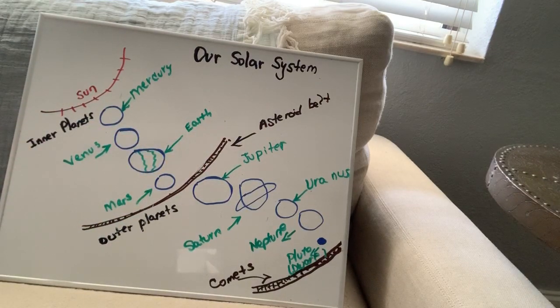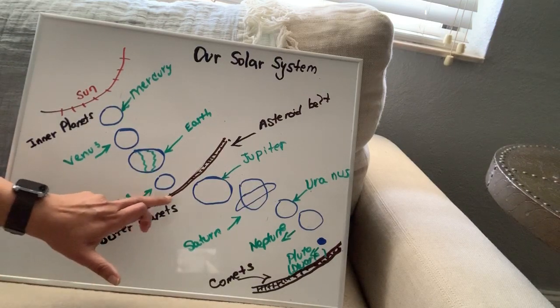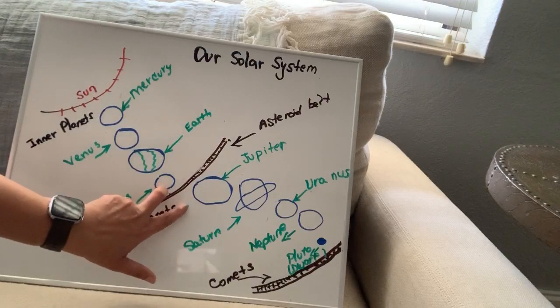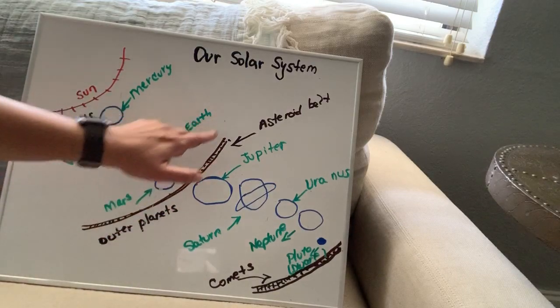And it separates the inner planets from the outer planets. Rocks known as asteroids can be found in this belt orbiting around the sun, just as the planets do. The asteroid belt falls between Mars and Jupiter right here. It's in between those two right there. Makes a separation. There's your belt.